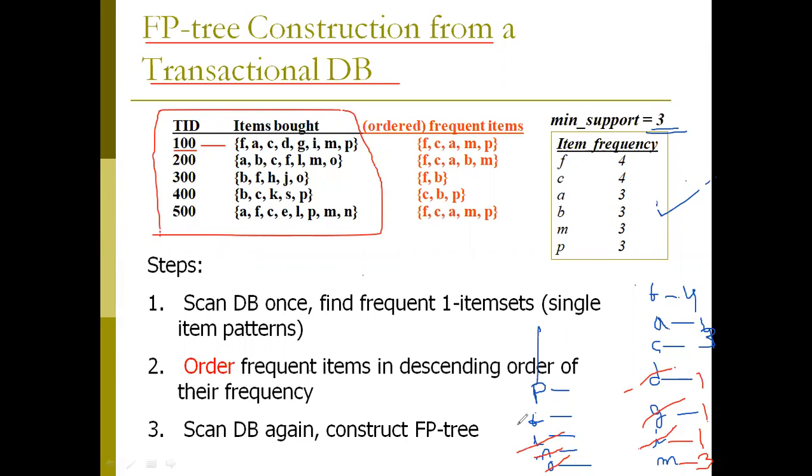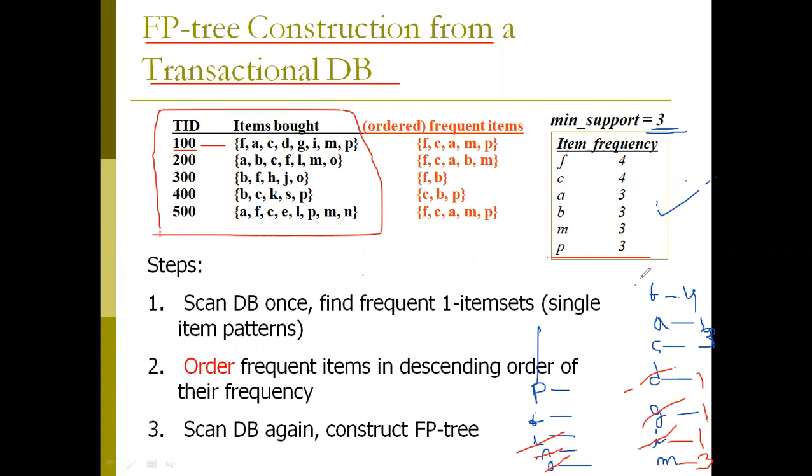So these are the removed items. The remaining item sets, whatever we have, whose support count is greater than or equal to 3, should all be written in this table.